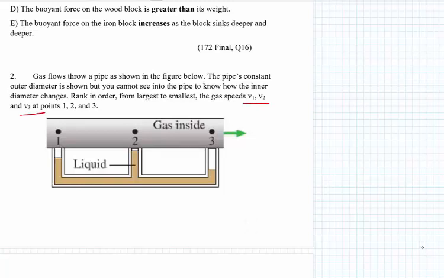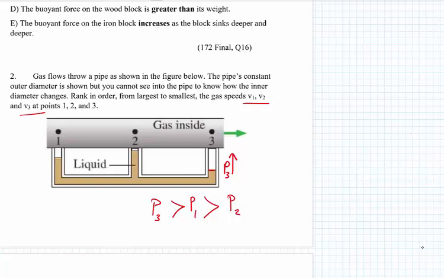So we need to find the gas speeds. We said before, if the height is low, that means the pressure is high. So pressure number 3 is the highest pressure, then pressure number 1. Let's rank the pressure first: pressure 3 is higher than pressure 1, higher than pressure 2.